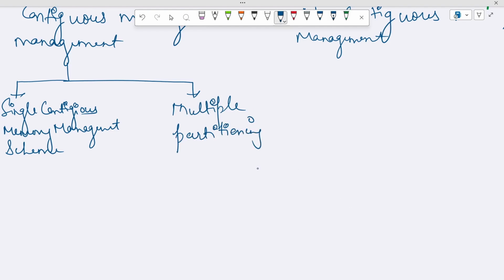Similarly, non-contiguous is also divided into two parts. The first one is called paging, and the other is called segmentation.